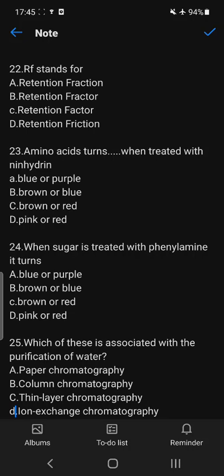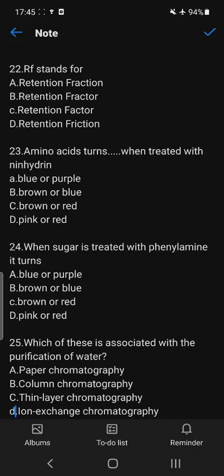It is not retention fraction. It is not retention friction. You can see how similar the options appear. So the answer is retention factor, C.